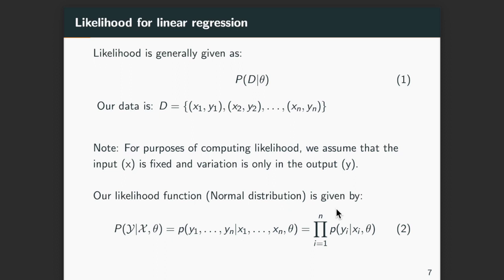That's how we are able to use the IID assumption and write the likelihood as the product of the individual PDFs corresponding to yi given xi. Thus far, everything is the same. The only thing we'll have to change in our frame of reference is that instead of having scalars as our data set, we have vector comma scalar tuples, but the vector x is known to us beforehand, and we're only trying to consider the variation in y.